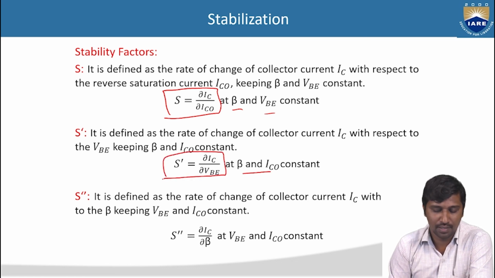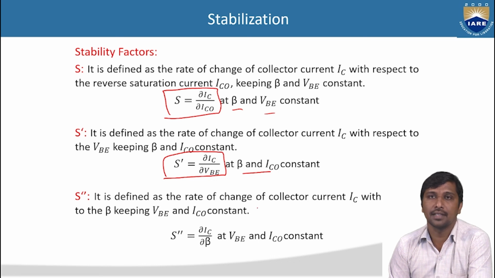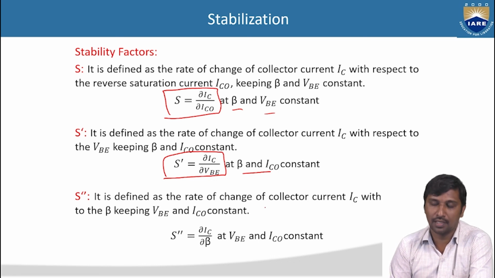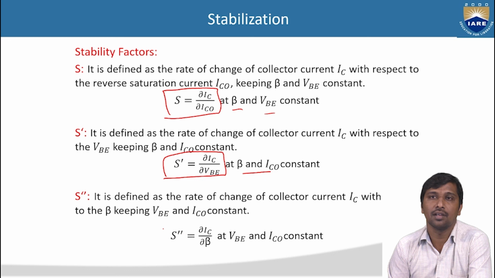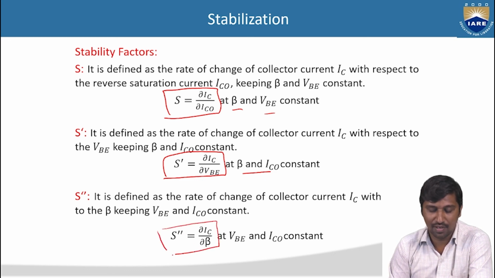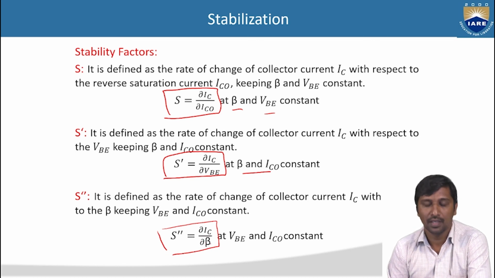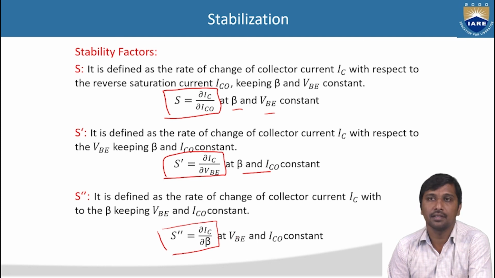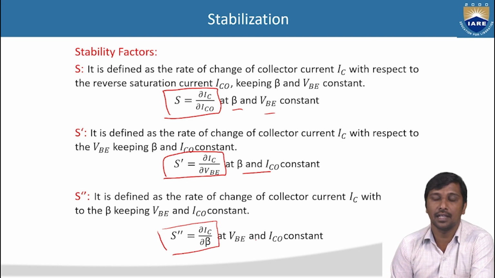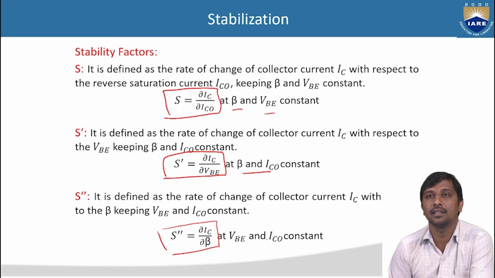The third parameter observes how the collector current changes with respect to the change in DC current gain. S double dash is defined as the rate of change of collector current with respect to the change in DC current gain, while maintaining VBE and the reverse saturation current constant.